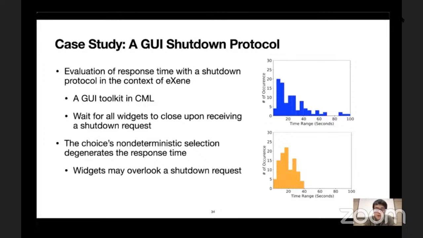And moreover, the variance of the shutdown time is far less than CML. We conducted this experiment by only adding a priority to the shutdown event, and we have achieved this benefit.